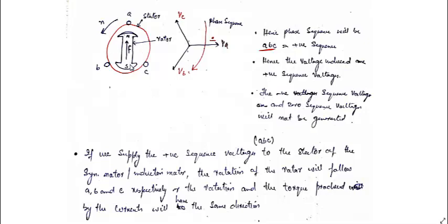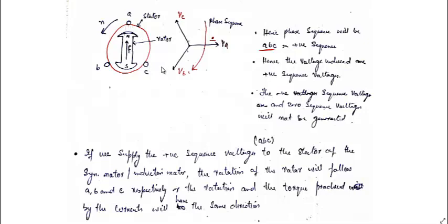Because you can see North Pole and South Pole are in different directions. When North Pole is directly directed to phase A, only then it will have a maximum. At that time, the other phases will have some other value which is definitely less than maximum. Similarly, when it is directed towards another phase, the voltage will have a value which is definitely different from the maximum value.